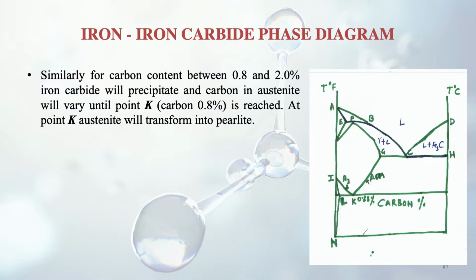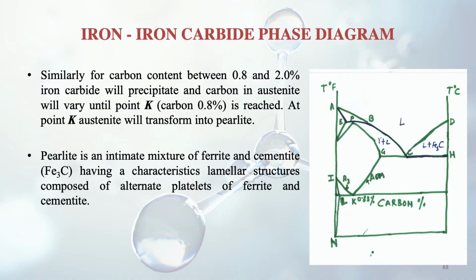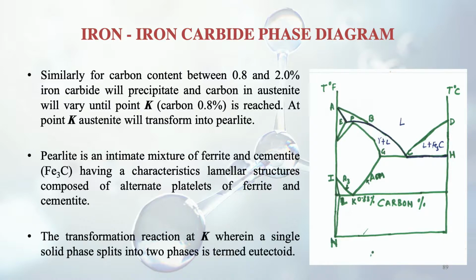Finally we reach point K where austenite gets transformed into pearlite, which is a mixture of ferrite and cementite. Pearlite has a characteristic lamellar structure composed of alternate platelets of ferrite and cementite. The transformation reaction at K, wherein a single solid phase splits into two phases, is termed the eutectoid. This is an important term, we discussed it earlier also. Eutectoid point, 0.83% carbon point.